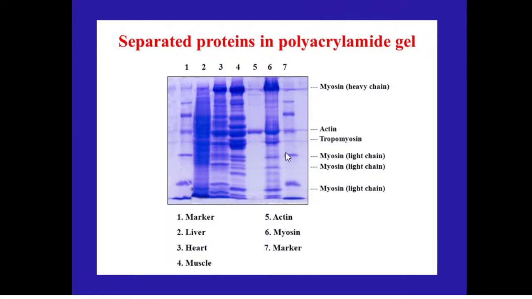Markers mean that at a specific place we put polypeptides with known molecular weight. It allows us to determine the molecular weight of different proteins.